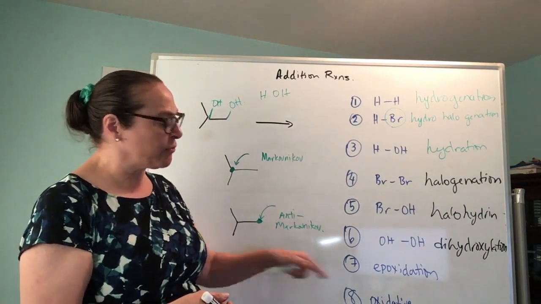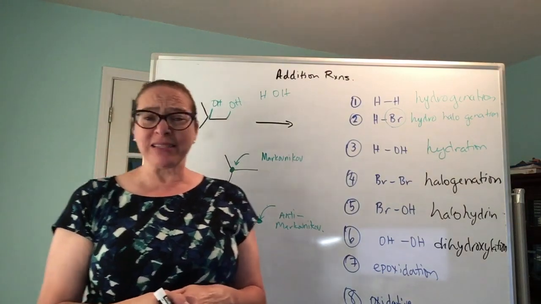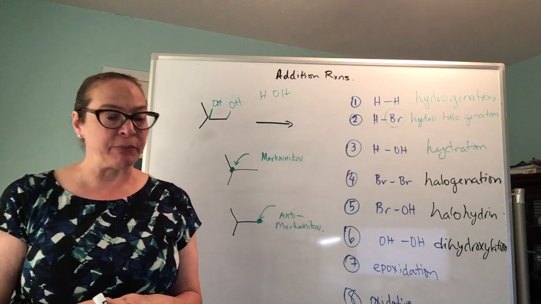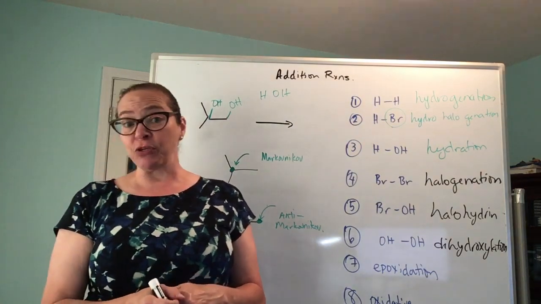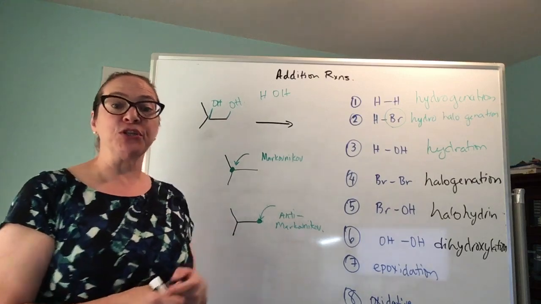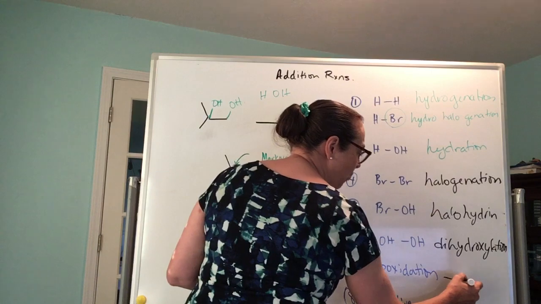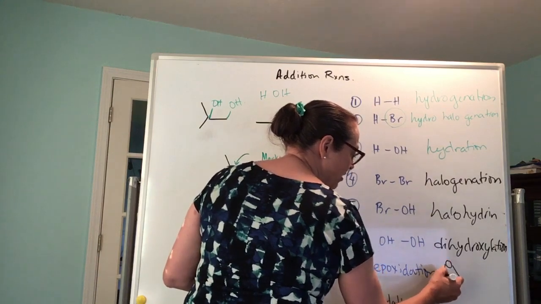We're also going to look at a reaction that does epoxidations. Now, epoxidation is something you're probably not familiar with. Maybe some of you have used epoxy resin before, and that has something to do with this functional group. Epoxides are specifically a triangle that ends in an oxygen.